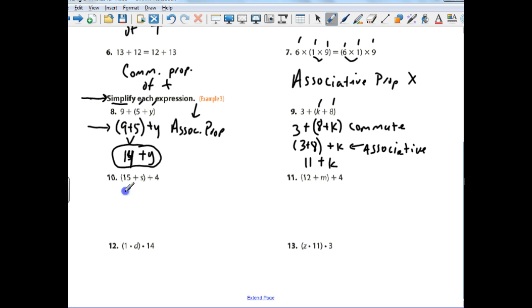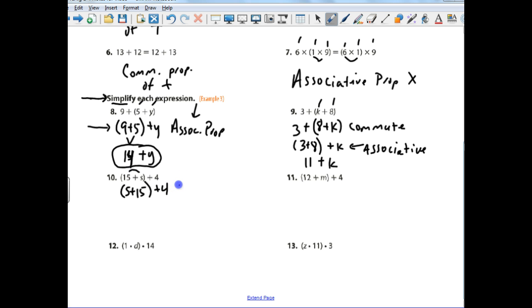Let's try number 10, and then I think we'll skip down to the last two and be done. We're just going to spend one day on this. The goal here today is for you to interact with the property names. Okay, and that's the focus. So if you're not sure what all is happening here, the more you just practice it, the more it'll become clear. What I'm going to do right here, I have to change the order of those two.